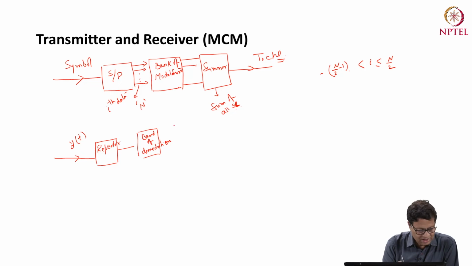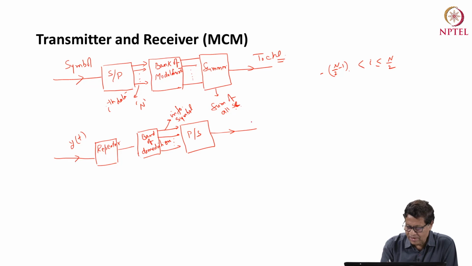So this goes here, and then you get the information symbol after demodulation, the information symbol on each subcarrier. Once you have got all the information symbols, you have a parallel to serial converter, and this is your recovered data.